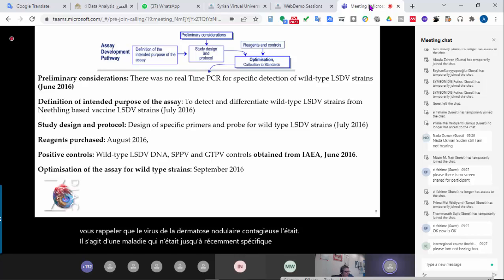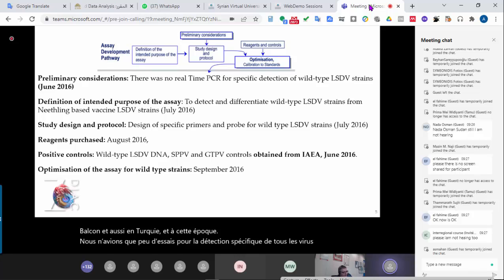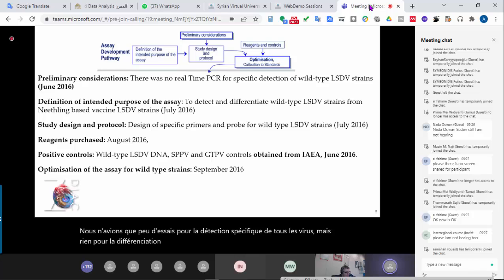In most European countries there were no protocols for its detection, but in 2015 and 2016 it came to European countries on the Balkan Peninsula and also Turkey. At that time, we had only a few assays for specific detection of all Capripox viruses, but nothing for differentiation of wild-type strains and vaccine strains.